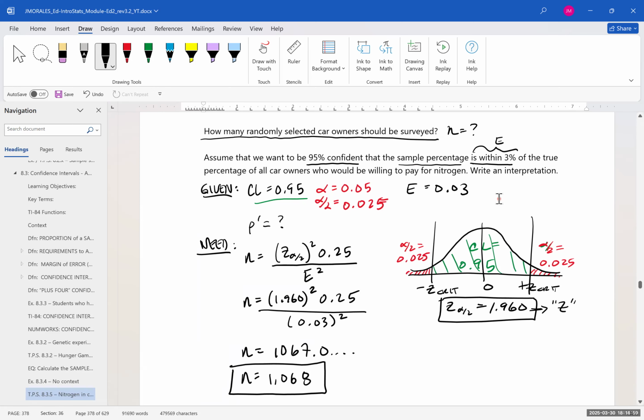So we can still do this calculation and just assume that the proportion of successes and failures is going to be 0.5 each, 50-50 chance. And that'll maximize this product here to 0.25 and give us the highest conservative sample size that we can use.